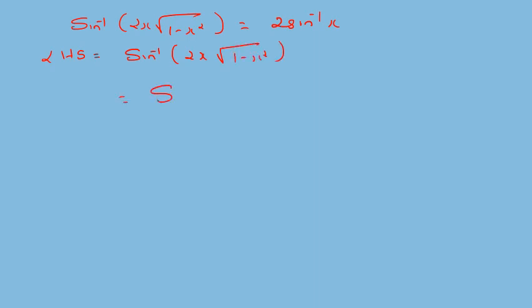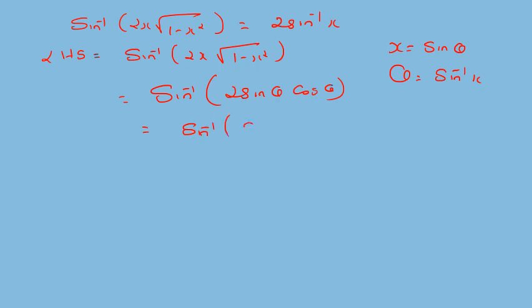So we can write it as sine inverse. Here you substitute x is equal to sine theta. X is equal to sine theta means theta is sine inverse x. So sine inverse of 2 sine theta root of 1 minus sine squared theta, which is cos theta, is equal to sine inverse of 2 sine theta cos theta, which is sine 2 theta.